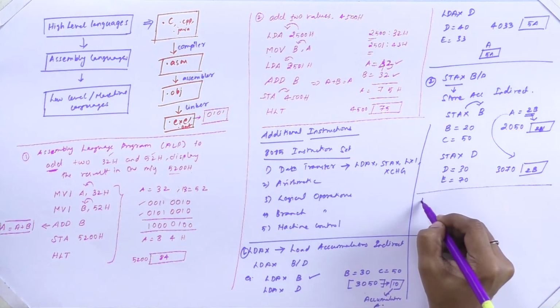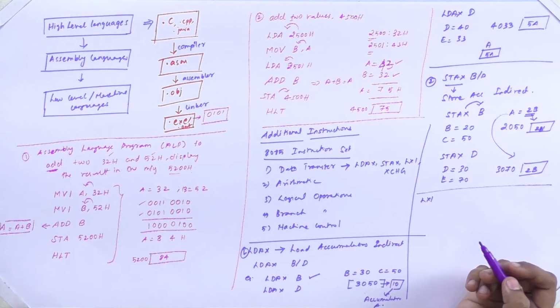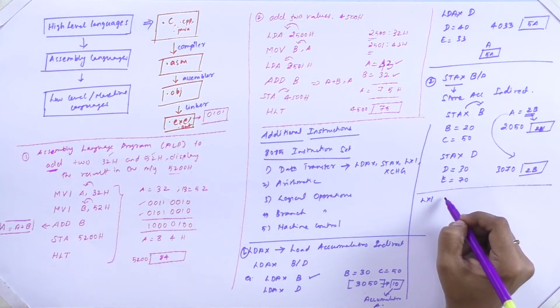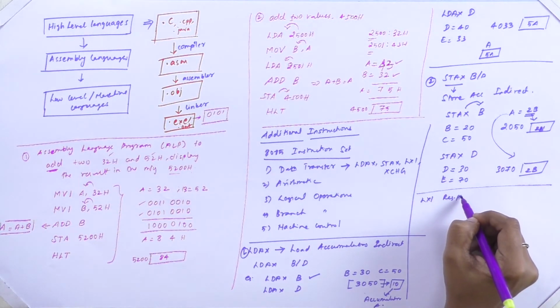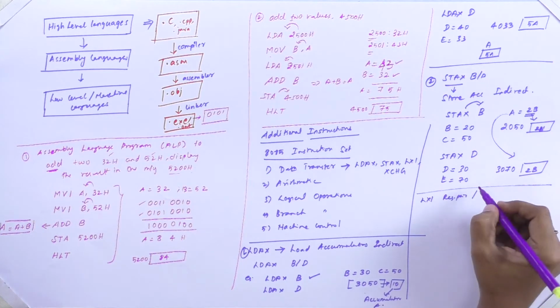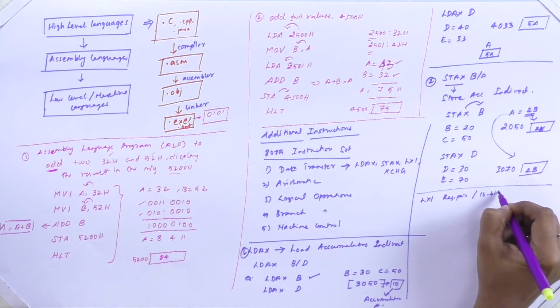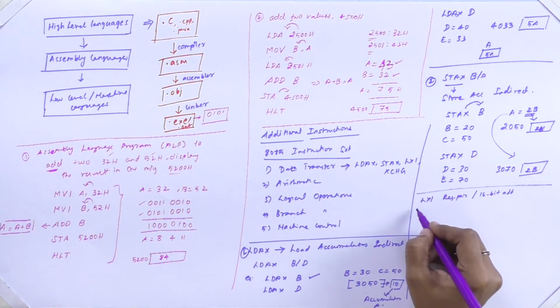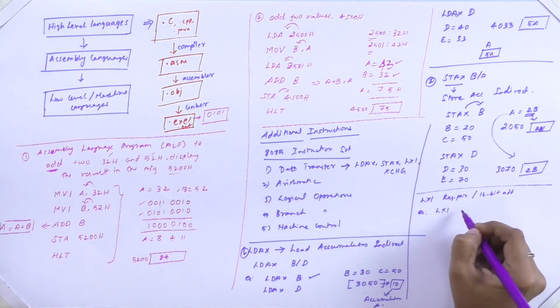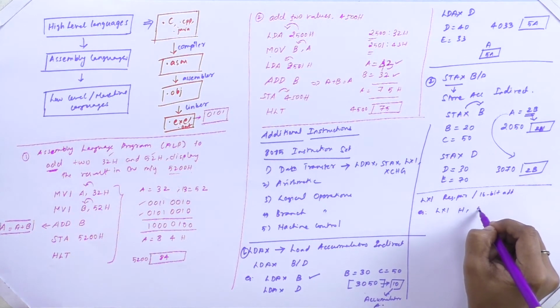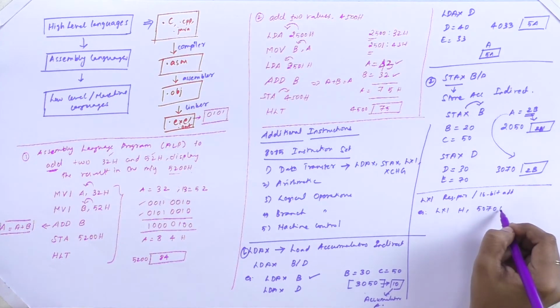The next instruction is LXI. The syntax is LXI followed by a register pair and followed by a 16-bit address value. Example is LXI H, 5070.